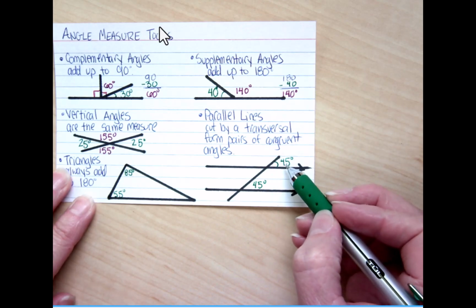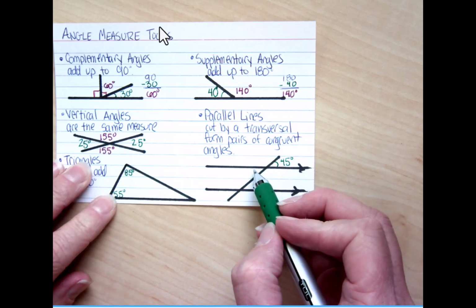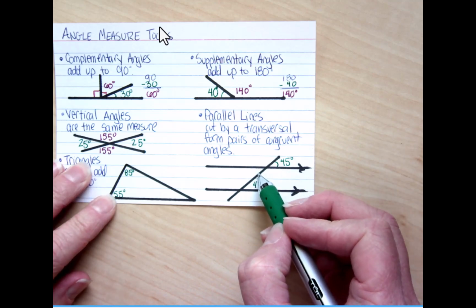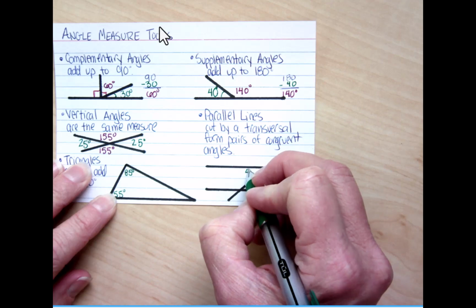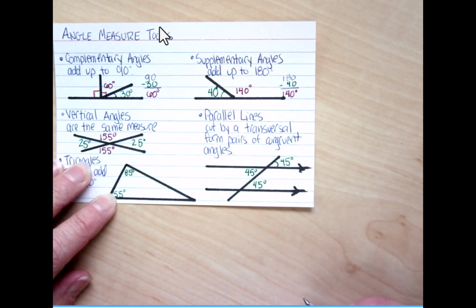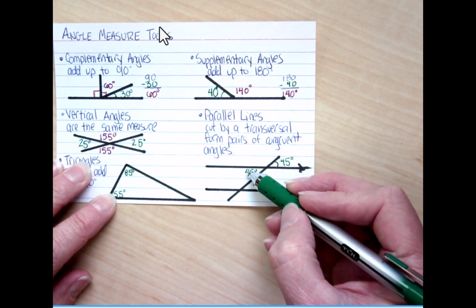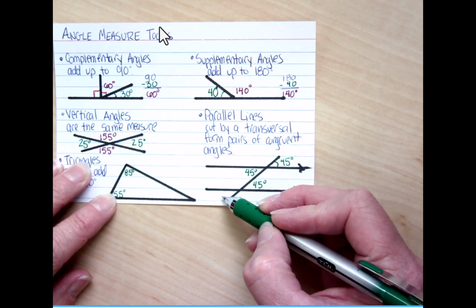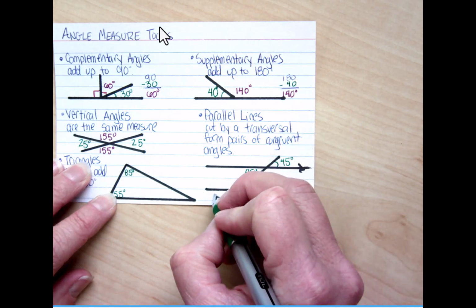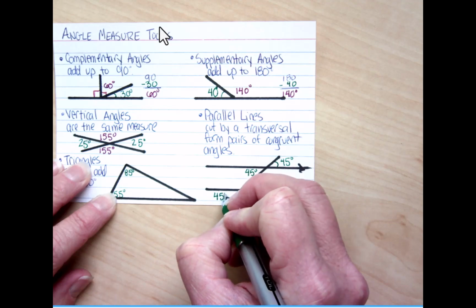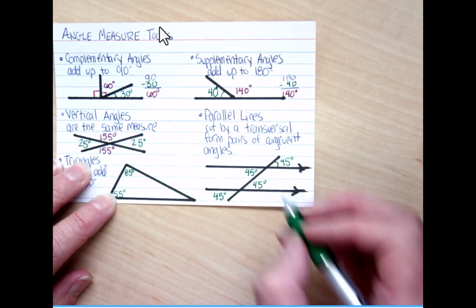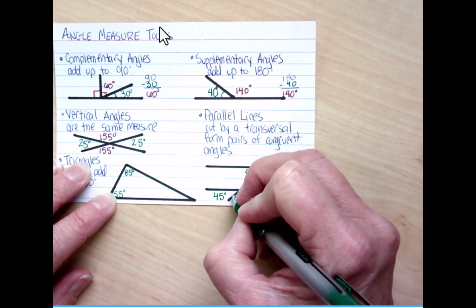With our original 45-degree angle, we know that this angle is also 45 degrees. And we could take that and translate it right down the transversal line. And that angle is 45 degrees as well. So there's 4 angles that are 45 degrees.